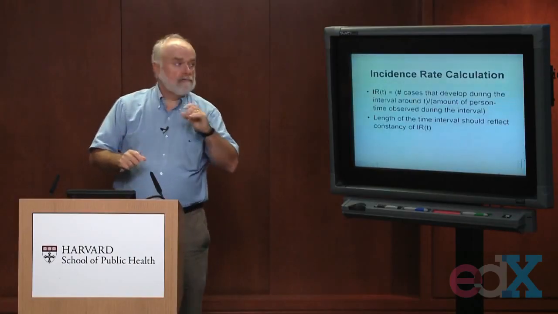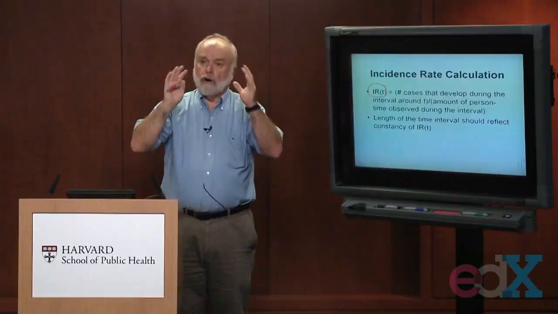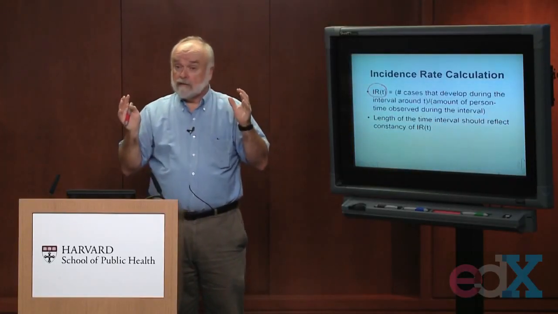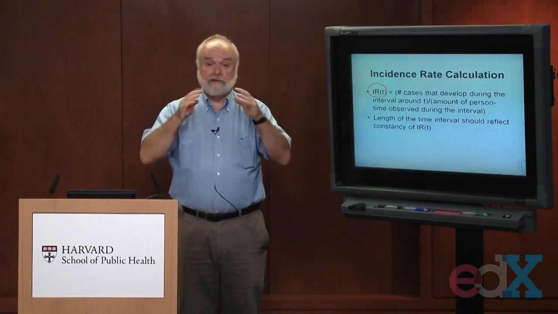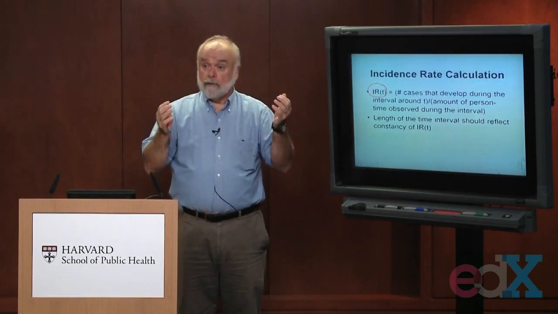What we could do is, if I wanted to calculate the incidence rate at a particular point in time, I'm going to pick an interval around that time. If I want to know the incidence rate, say 3 months into the study, I'll look at people who were alive and at risk for developing this outcome at around 3 months during the follow-up period.